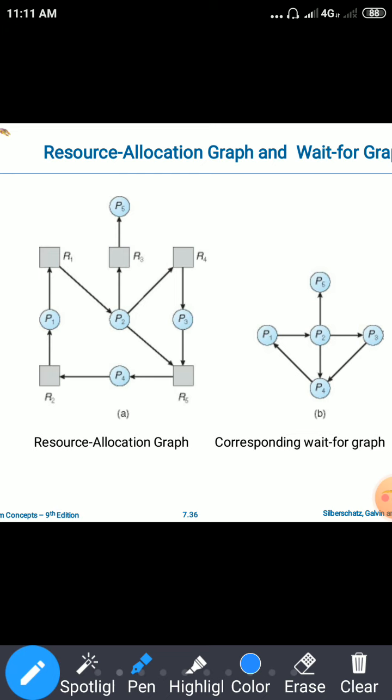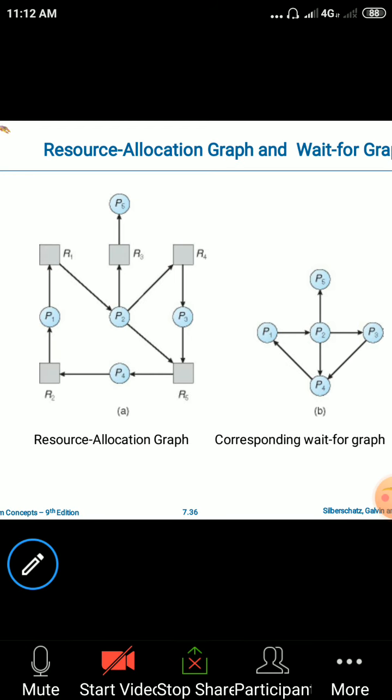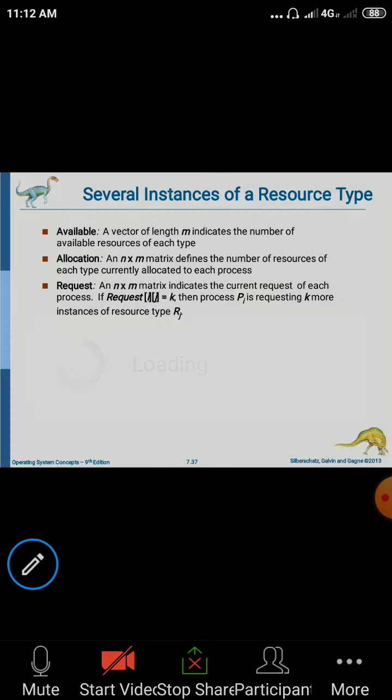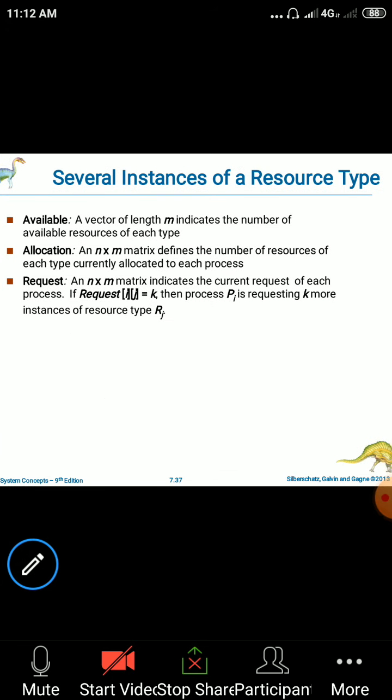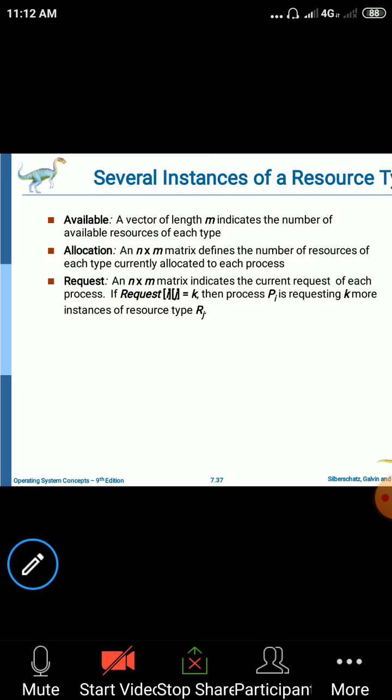Next we'll move on to several instances of a resource type. In the wait for graph example, we assumed that all the resources have only a single instance. But if the resources have multiple instances, then we cannot make use of the resource allocation graph or the wait for graph. Next we'll move on to another algorithm called the deadlock detection algorithm.